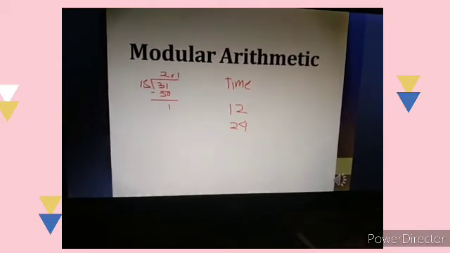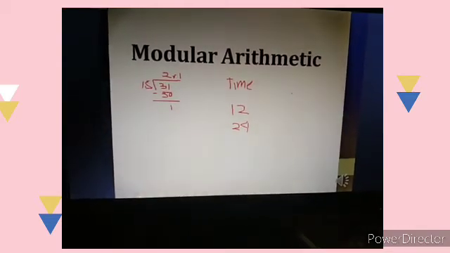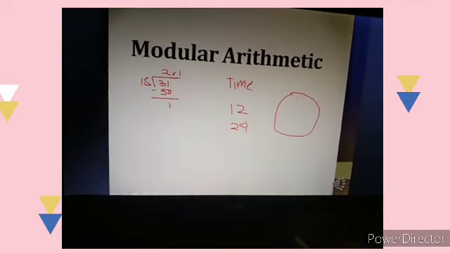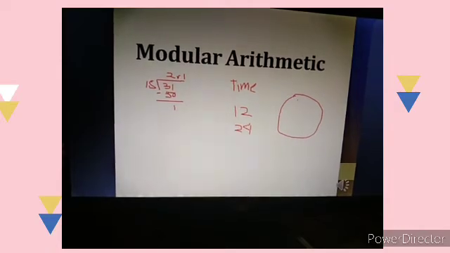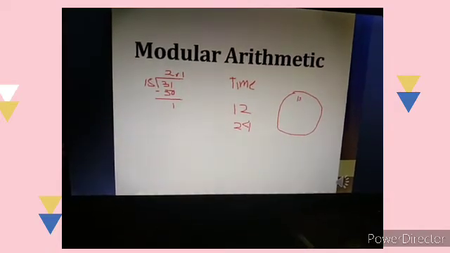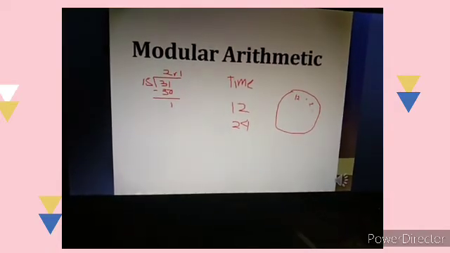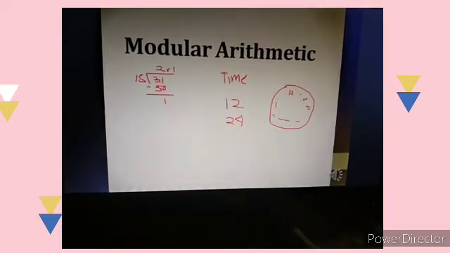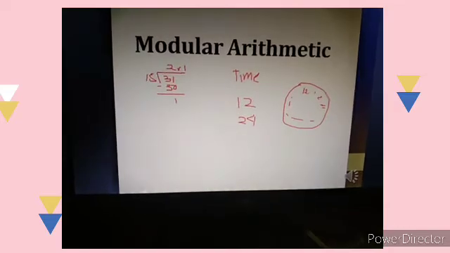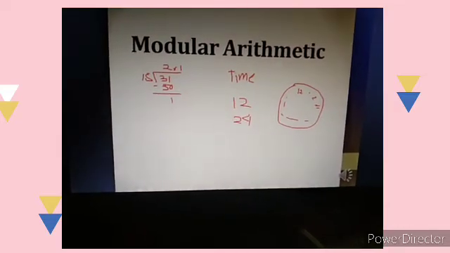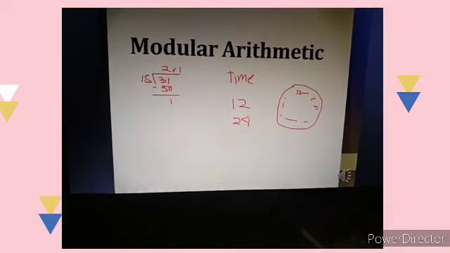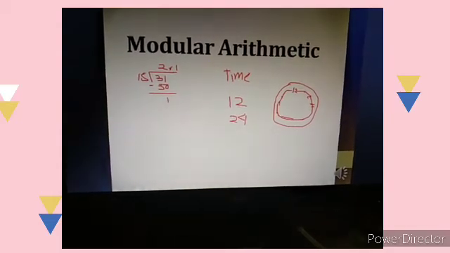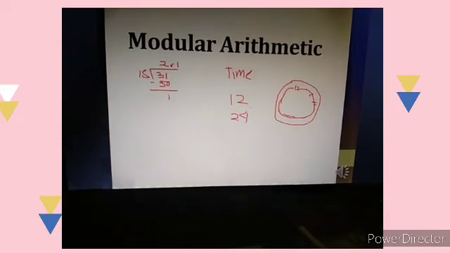So what is it? So you won't get confused, think of it as a circle, a clock. So here is 12, 1, 2, 3, 4, 5, 6, 7, 8, 9, 10, 11, 12. So this is the 12 cycle format.